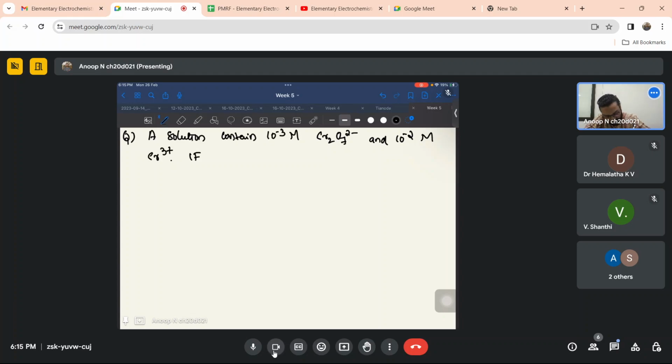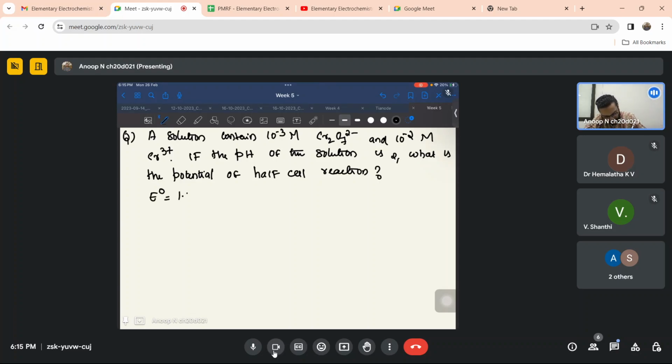If the pH of the solution is 2, what is the potential of the half cell reaction?